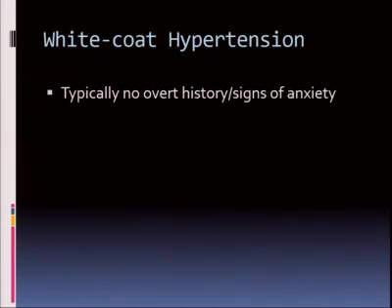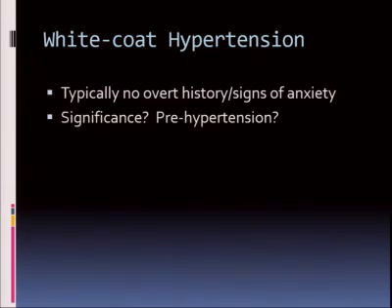What's important to recognize with white coat hypertension is that these patients are not overtly anxious. They don't have tachycardia or jitteriness, and they don't show really overt stress. Very often these are patients that we've known for years and have very good relationships with, and yet every time they're in clinic, their blood pressure is elevated. The big question is, what is the significance of white coat hypertension?